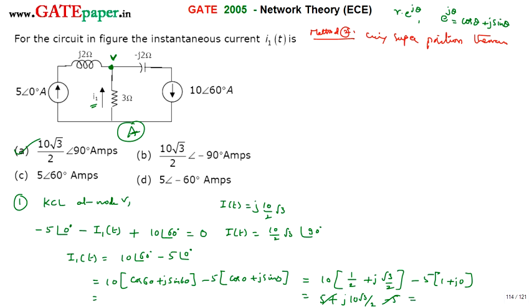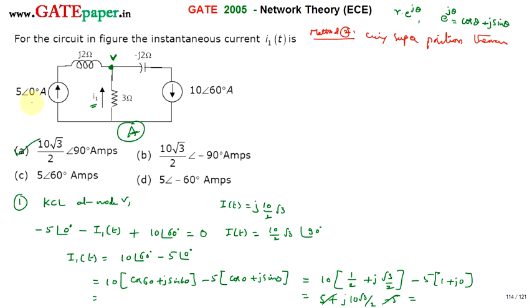While calculating an individual response, you must consider one source at a time and nullify all other sources. If the other sources are voltage sources, they must be short circuited. If the other sources are current sources, they must be open circuited. Using this way you calculate individual responses, and later add them to get the overall response. That is what the superposition theorem says.